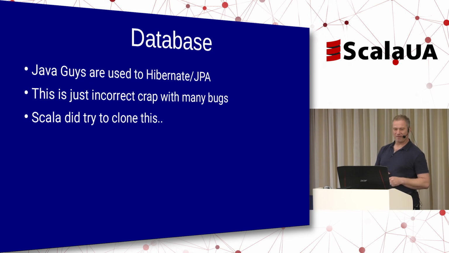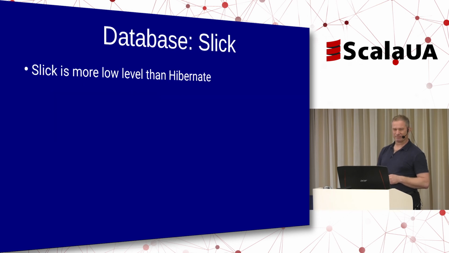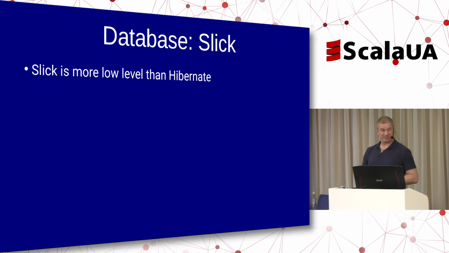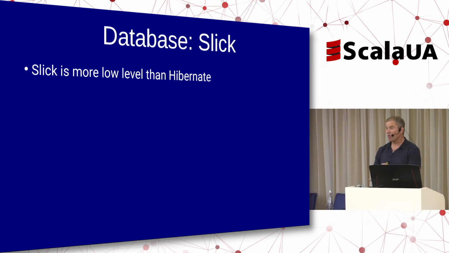So I am very happy that they didn't try to write something like Hibernate in the standard Scala stack, but went a different way. So it's Slick. And I think Slick is very nice, but it's much more low level than Hibernate. It's much less abstraction.